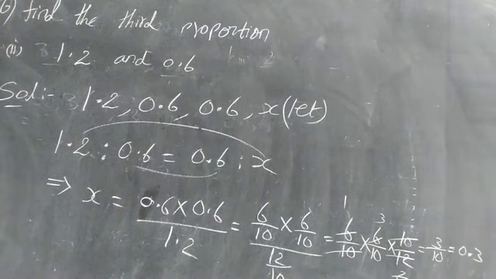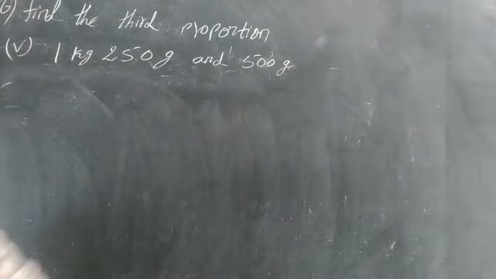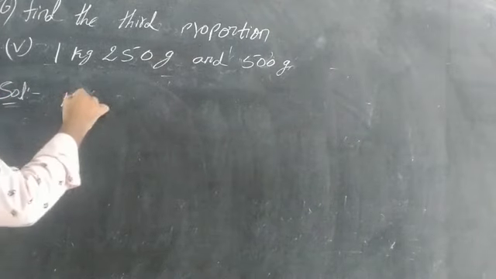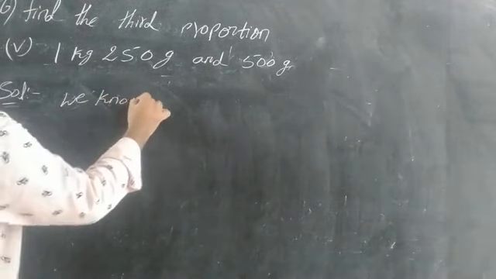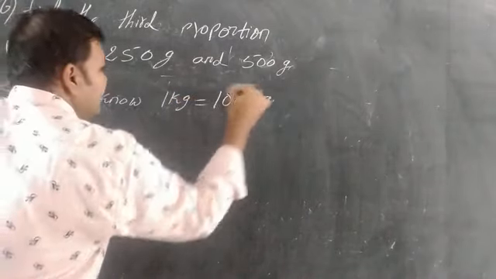And the next sum now for us is: given 1 kg 250 grams and 500 grams. For this solution, we know 1 kg means 1000 grams.